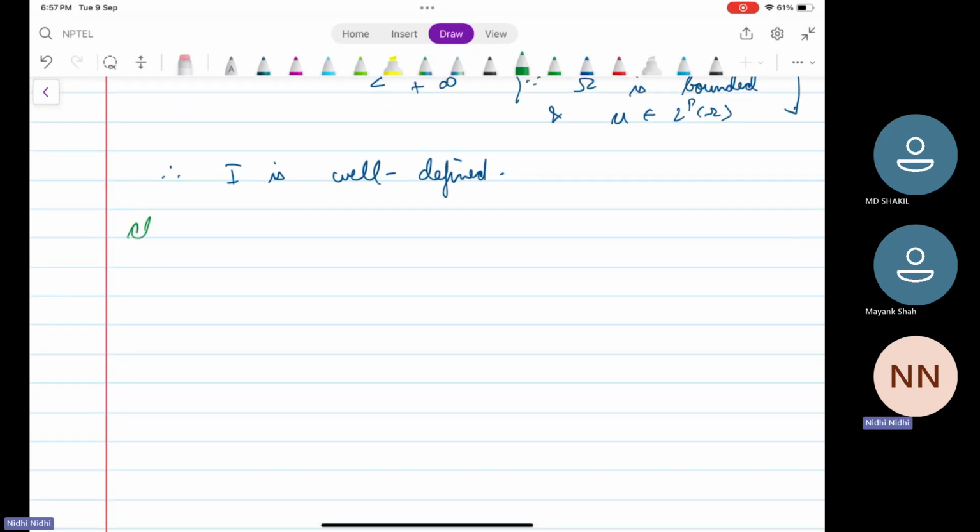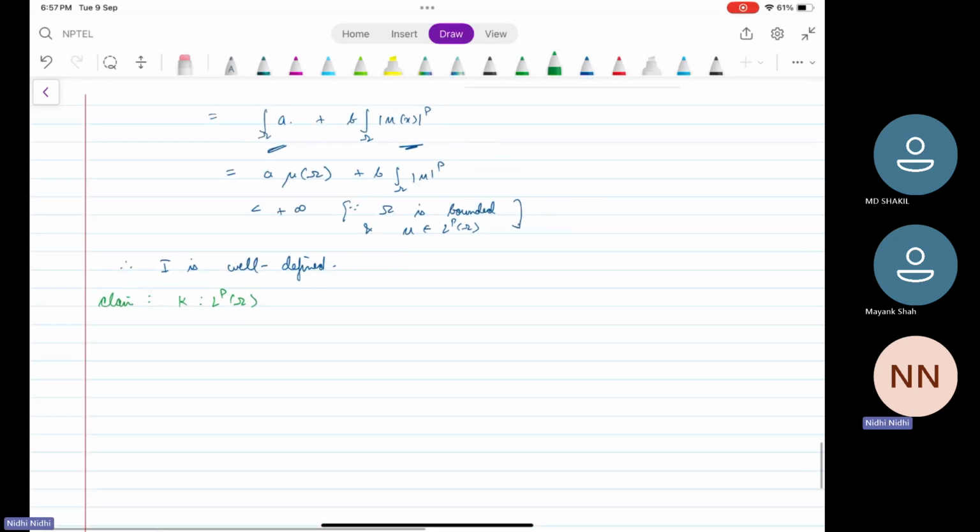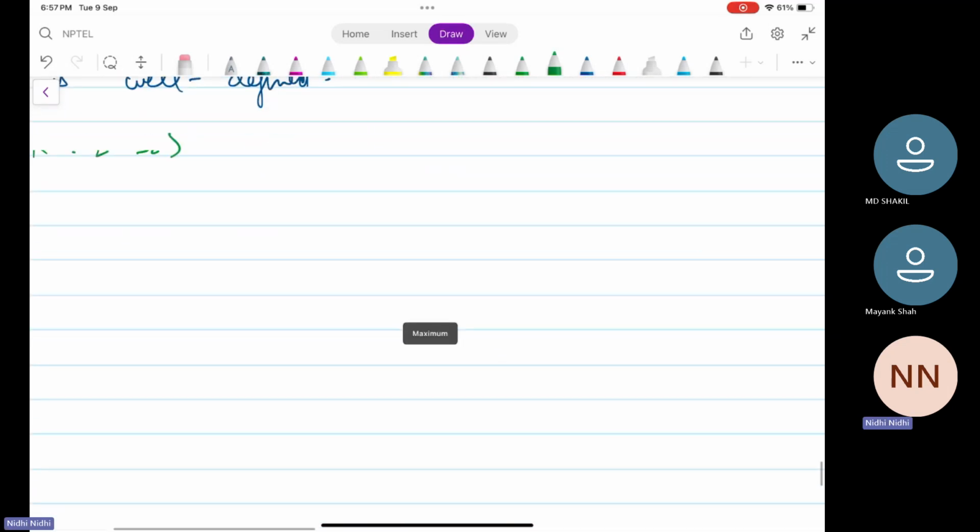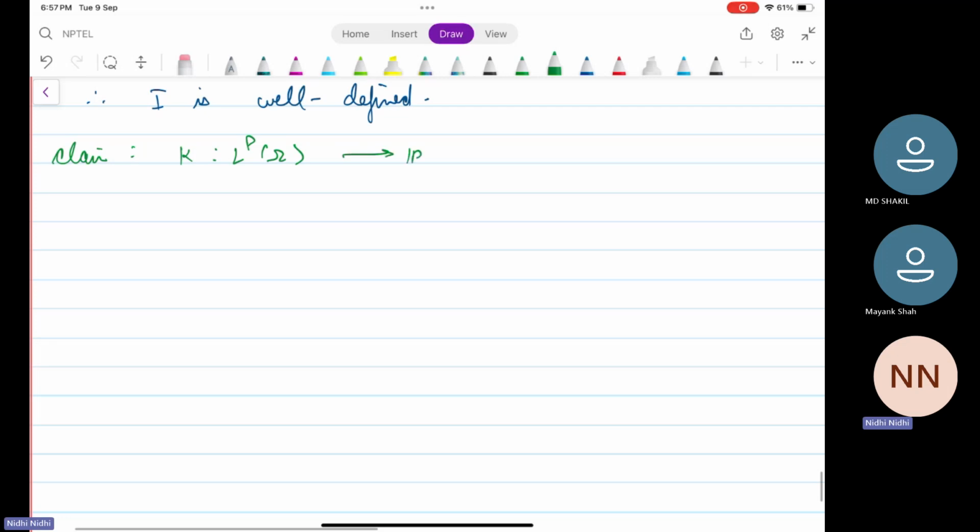Write a claim that this K that we had assumed, K was defined from L^p(Ω) to R, is a continuous linear function.